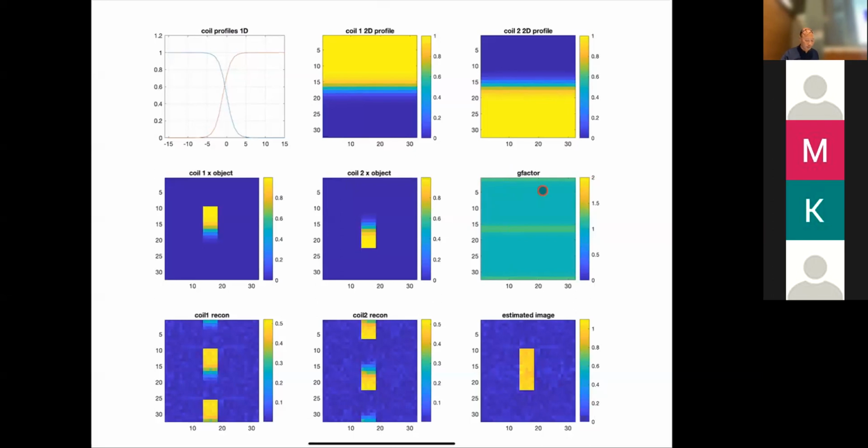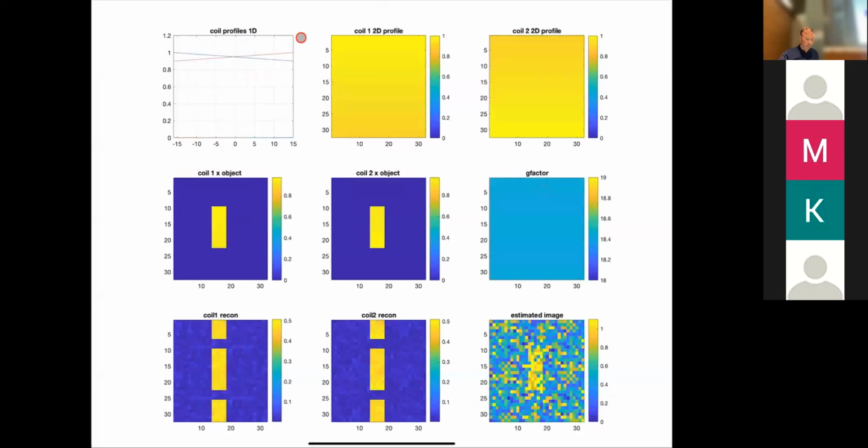All right. So now let's look at a different coil profile, which we've looked at before. These are two coils which pretty much see the same thing, right? They're just a little bit different, but they essentially both see the entire object. And so if you look at their 1D profiles, they look almost the same. They both do a pretty good job of seeing the object, right?